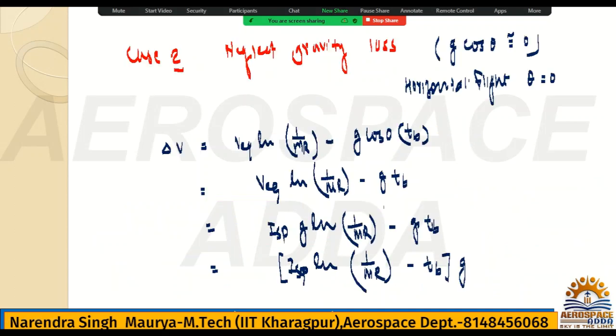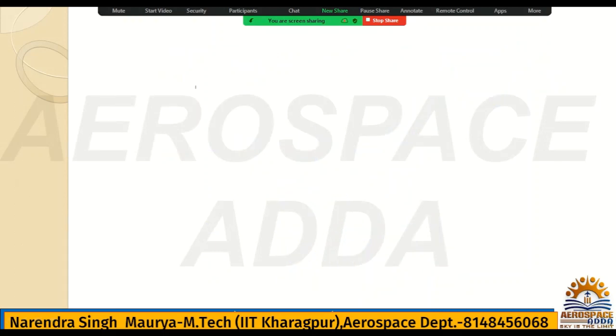Fine. So finally this is the equation, but you are neglecting gravitational force, because if the vehicle is traveling in space, then the change in velocity due to gravitational force will be almost zero, which is called gravity free flight. So that you can consider here.